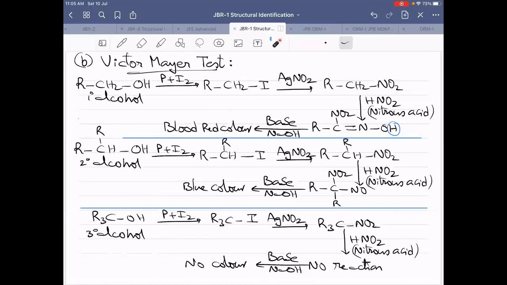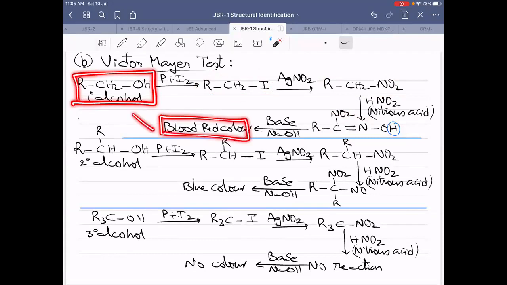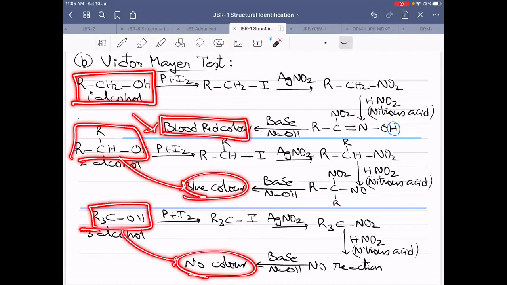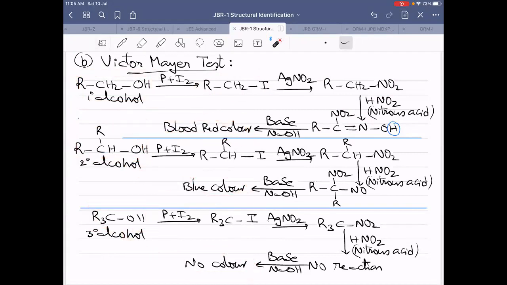Even if you do not understand what products are formed, see here what products are formed, no problem. You remember this one. Like this. Primary alcohol, blood red color. Secondary alcohol, blue color. Then tertiary alcohol, no color change. This you have to remember. Copy this one.